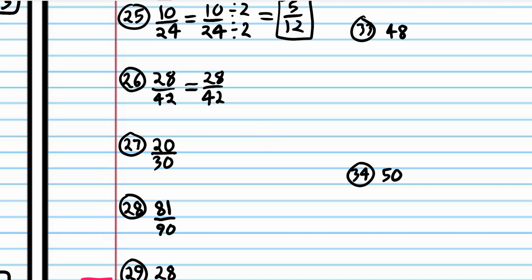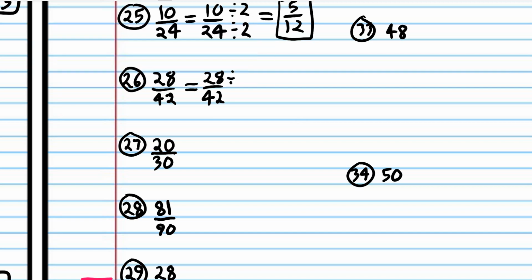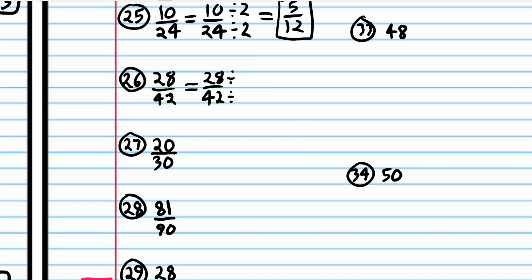All right, we're back. Let's divide both sides by, let's see, what number multiplies to equal 28 and 42. I'm thinking about my multiplication facts here. 7. I think it's going to be 7. 28 divided by 7 is 4 because I know 4 times 7 is 28.